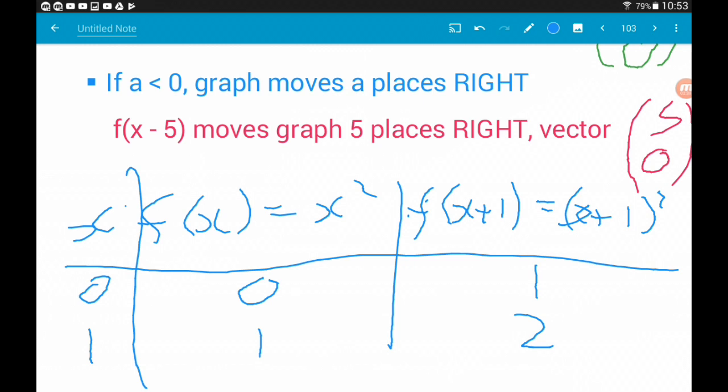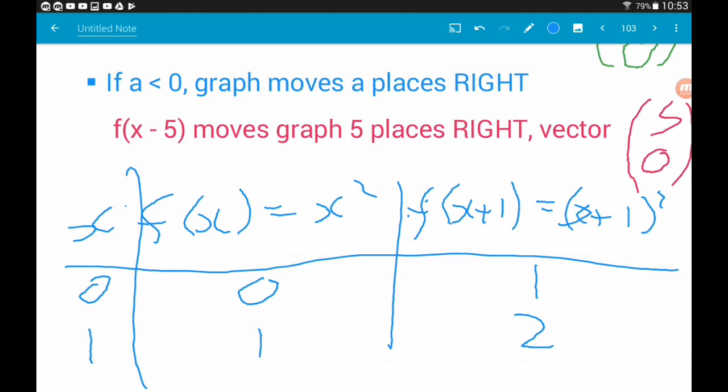So what's happening? f of x plus 1 is making the y values happen one place earlier along the x-axis.